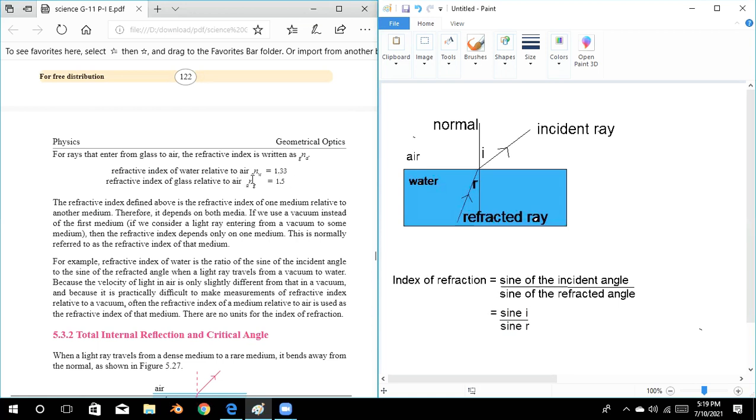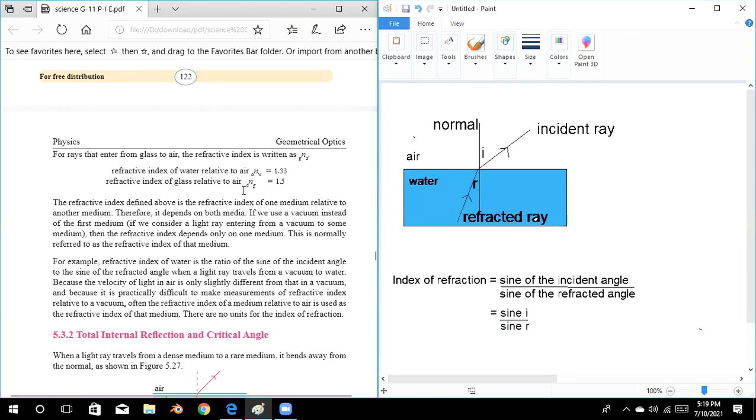This one is air to water. The refractive index number is constant, and that value is 1.33.